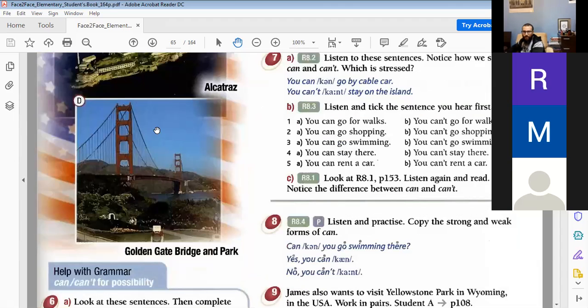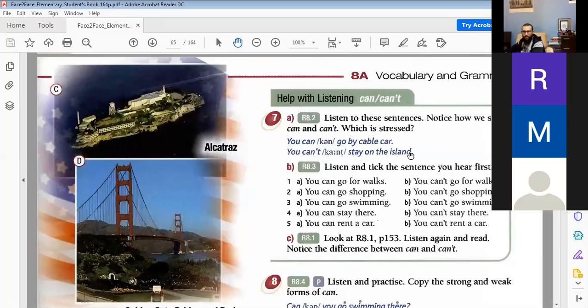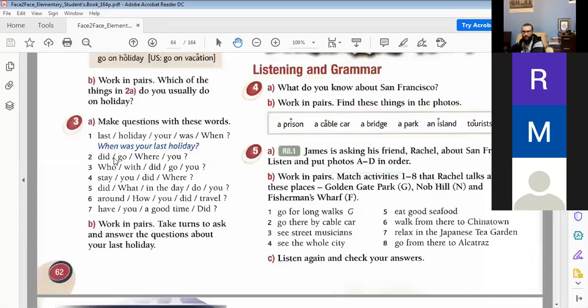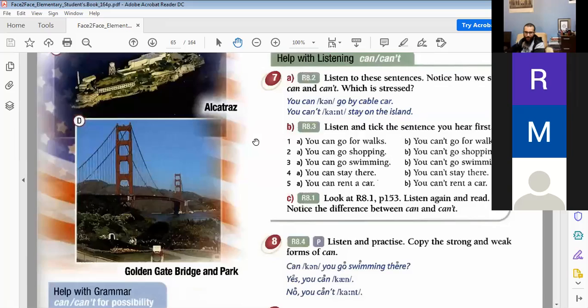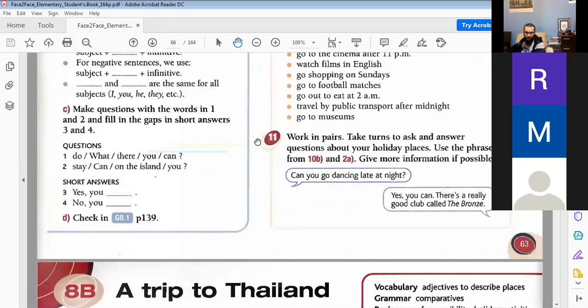We have Golden Gate Bridge and Golden Gate Park. We will also do some listening. We will listen to James asking his friend Rachel about San Francisco. Rachel will tell him about her city and some of the things that he can do if he visits San Francisco. We'll talk about this in detail in our next lesson.